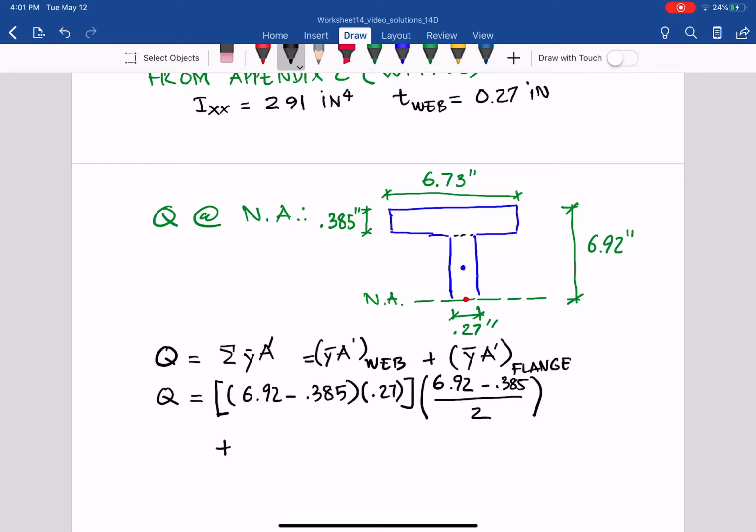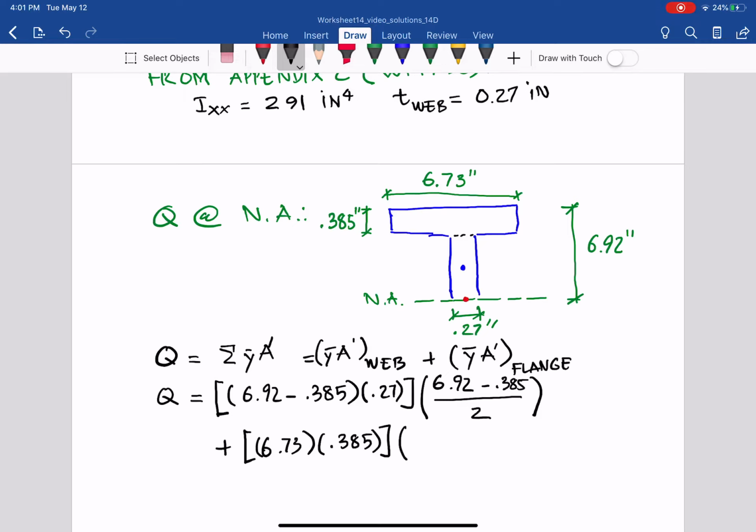And then we also have the y bar A apostrophe for the flange, and in this case that can be a little bit easier. We have 6.73 times 0.385, that is for the two sides of the rectangle, to find the area.